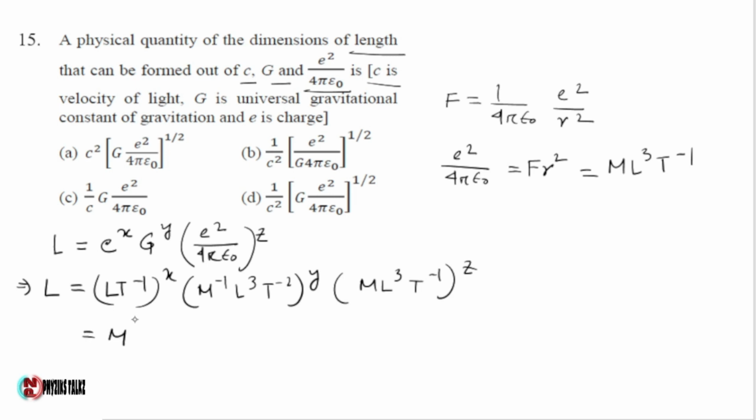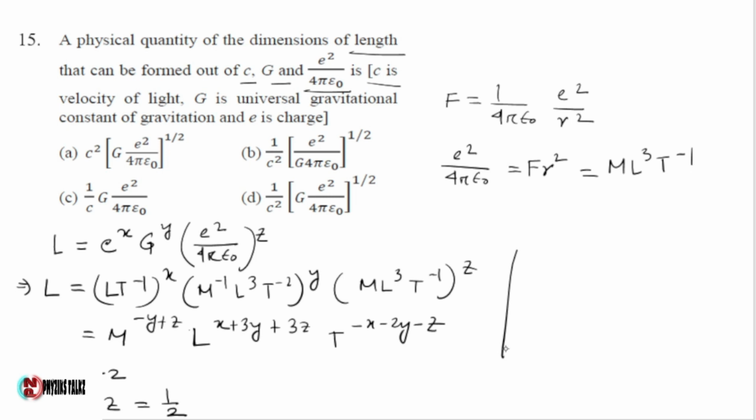which gives M to the power minus y plus z, L to the power x plus 3y plus 3z, and T to the power minus x minus 2y minus 2z, which gives the solution as x equals minus 2, y equals z equals half.